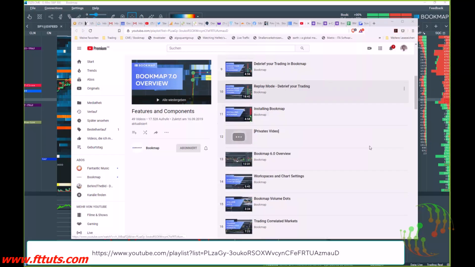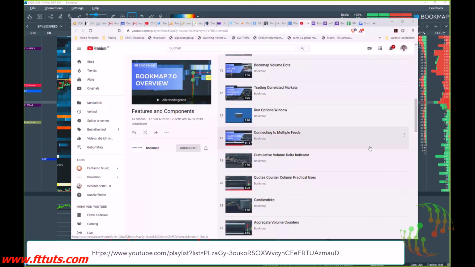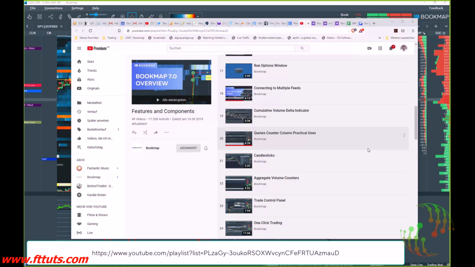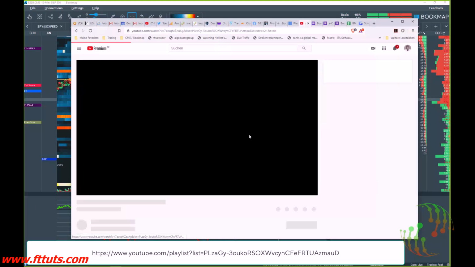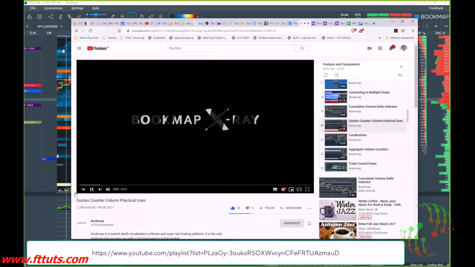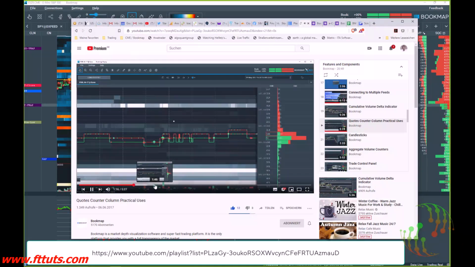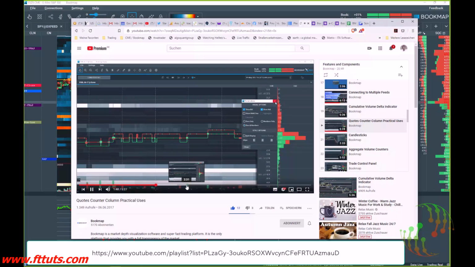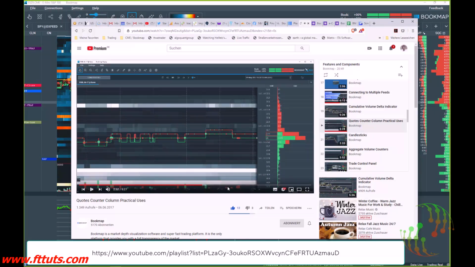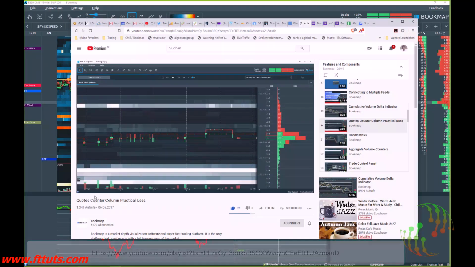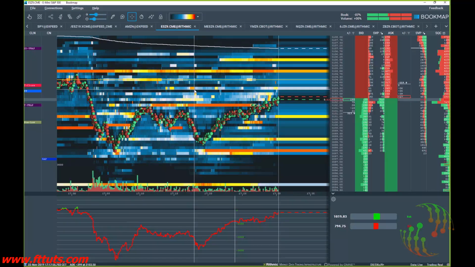One of these features is the quotes counter practical use. This is mainly about how to set it up, but go through it.